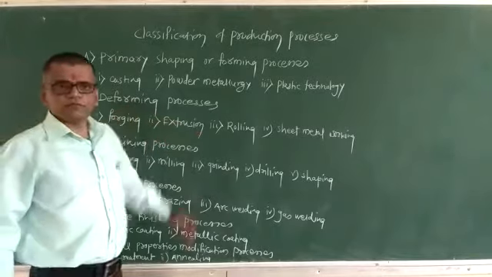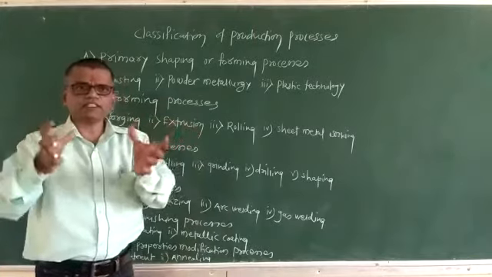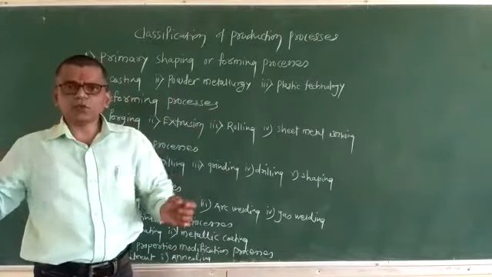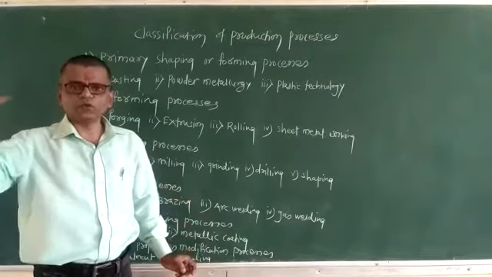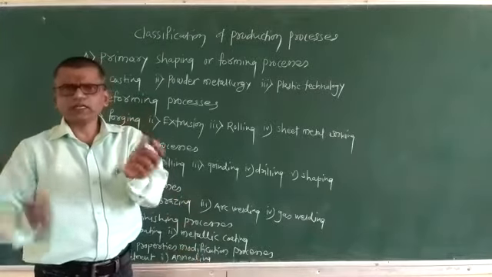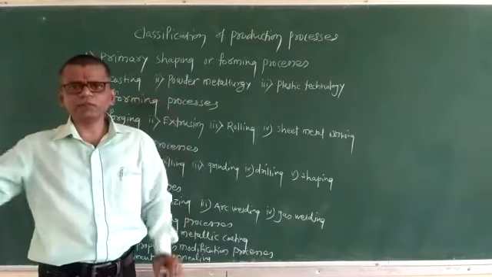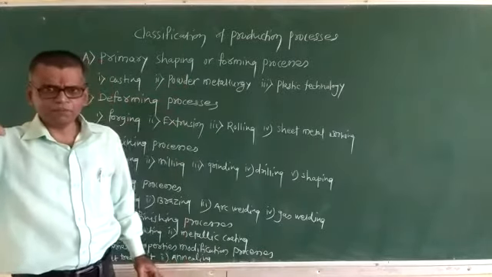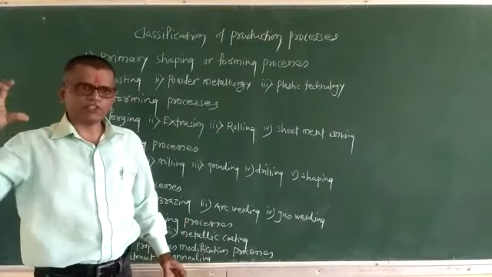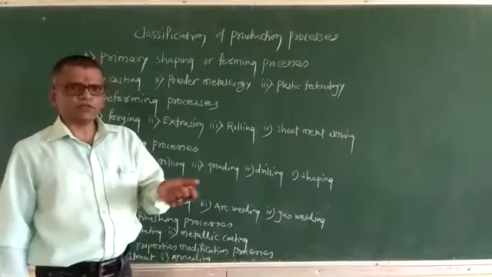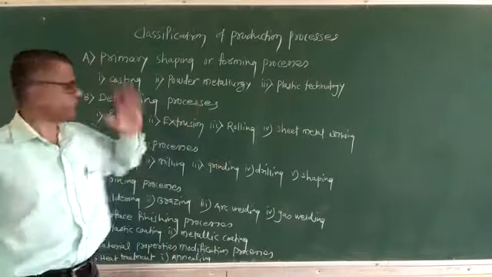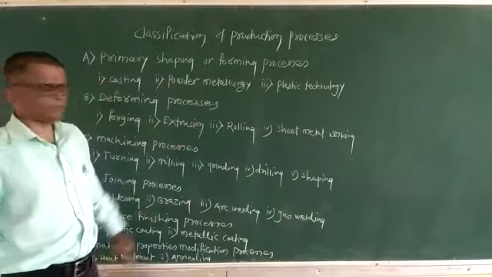Extrusion: the hot material is placed in a container and forced to flow through the die opening. At the end of the container there is a die of the desired shape, and there is a ram which is activated. After activation of the ram, the material is forced to flow through the die opening. So that is the extrusion process.